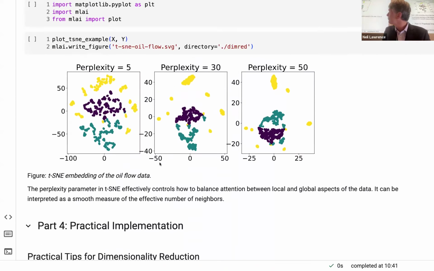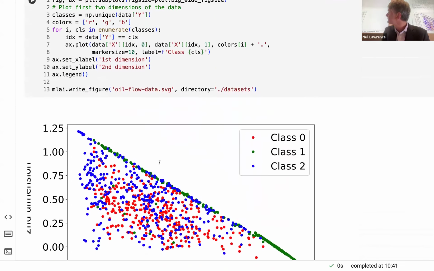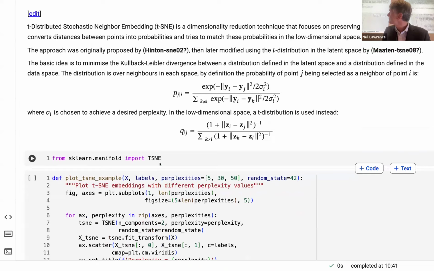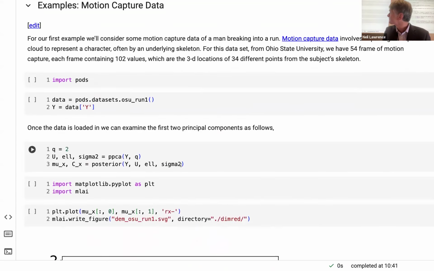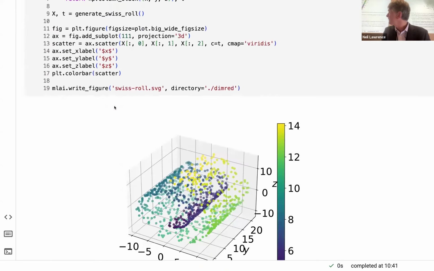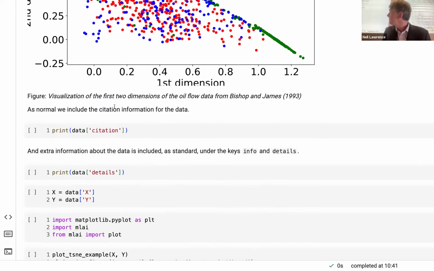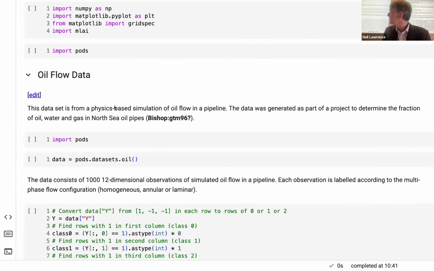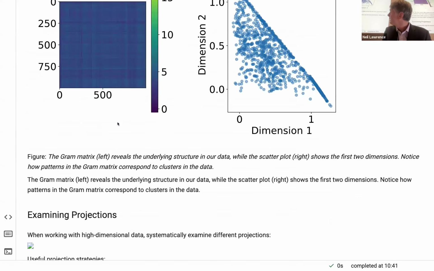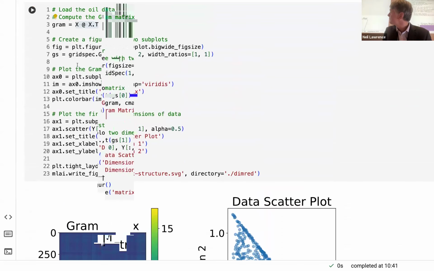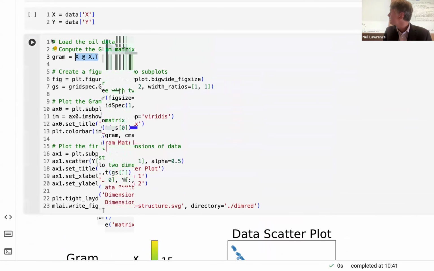What was it called? OSU Run 1 was the other data set. So that was a time series data set, all the way up here. Let's try this. I'm sure this will break for some reason. But we can try and do the gram matrix from that, which is a time series, and we should see a very different structure.